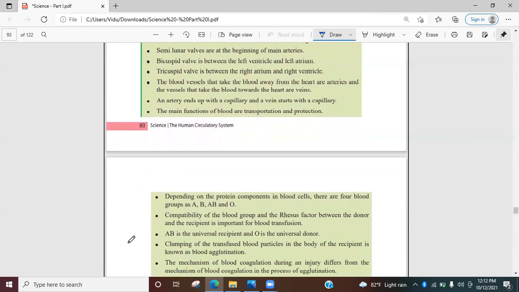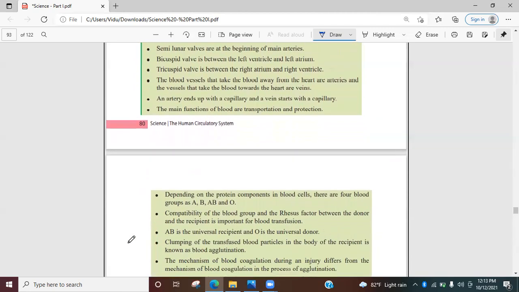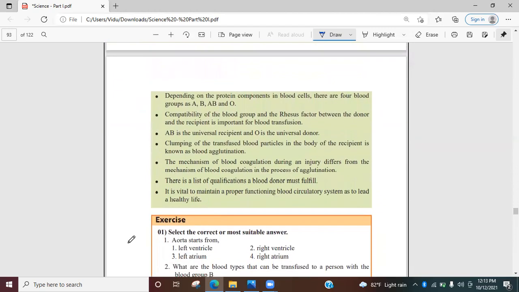The main functions of blood are transportation and protection. Depending on the protein components in blood cells, there are 4 blood groups: A, B, AB, and O. Compatibility of the blood group and the rhesus factor between the donor and the recipient is important for blood transfusion. AB is the universal recipient and O is the universal donor.